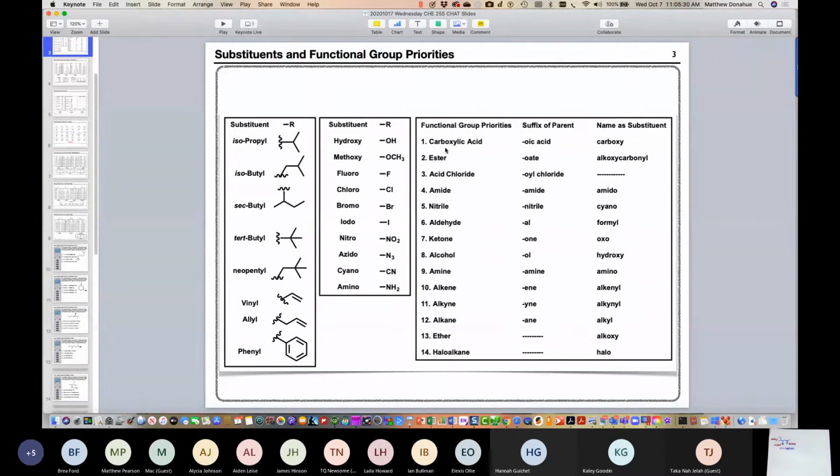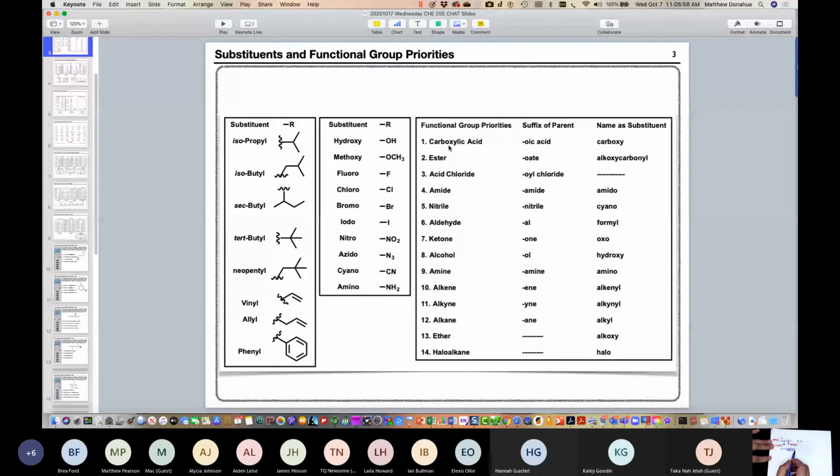The priority is based on what I like to consider the oxidation state. If you look at the ketone, that carbon has 1, 2 bonds. This alcohol only has 1 bond to a heteroatom. Since 2 is greater than 1, the ketone gets the priority in altering this name.